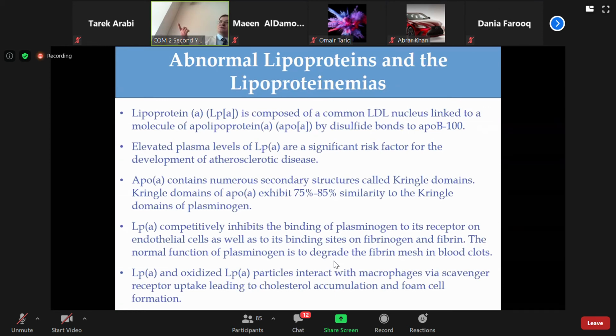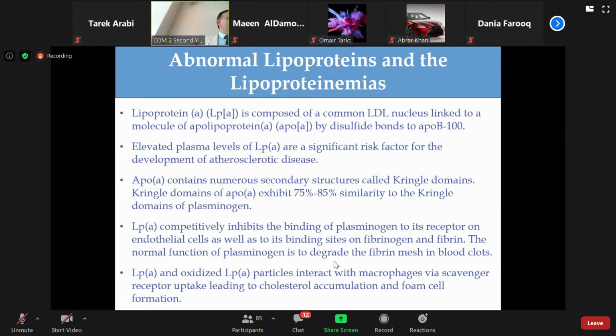Does plasminogen ring a bell? Plasminogen gets split into plasmin. And what does plasmin do? Fibrinolytic activity. It breaks down blood clots, small ones, right? So what happens?